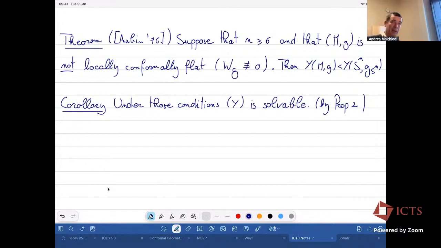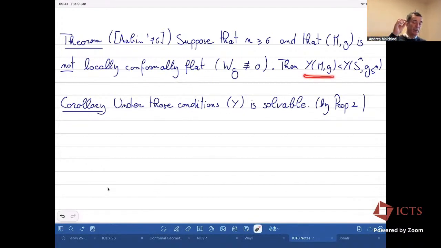It means that when you consider a minimizing sequence, since the minimal energy is below the Yamabe constant of the sphere, then a minimizing sequence cannot form bubbling, because the minimal energy is below the quantization threshold to develop bubbling. Okay, so bubbling cannot occur.